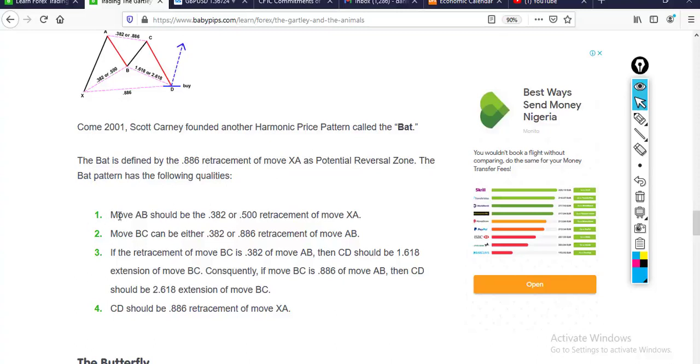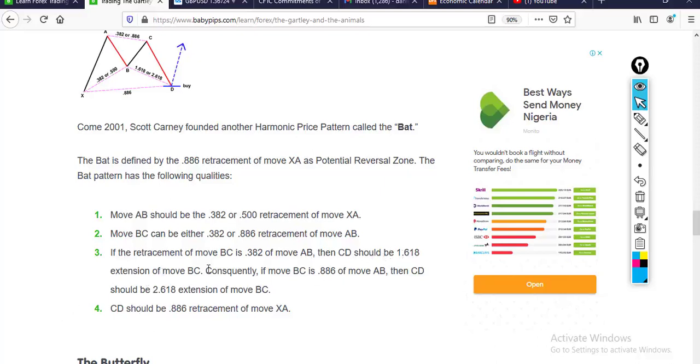Move AB should be the 0.382 or 0.500 retracement of move XA. Move BC can be either 0.382 or 0.886 retracement of move AB. If the retracement of move BC is 0.382 of move AB, then CD should be 1.618 extension of move BC.